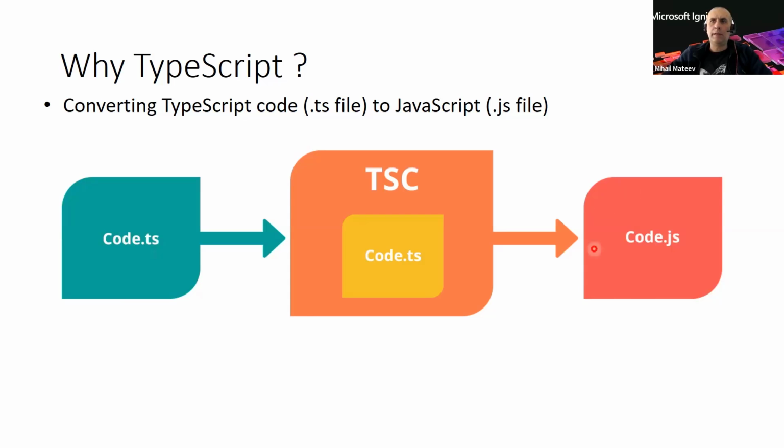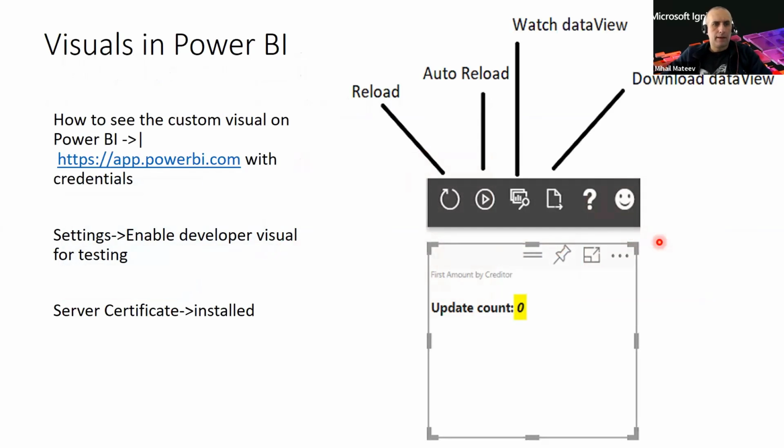But if you modify the output file, of course, rebuilding of the project can replace what you have like output. So here you need to be pretty careful. Additionally, in Power BI, we have some tools which are very useful.